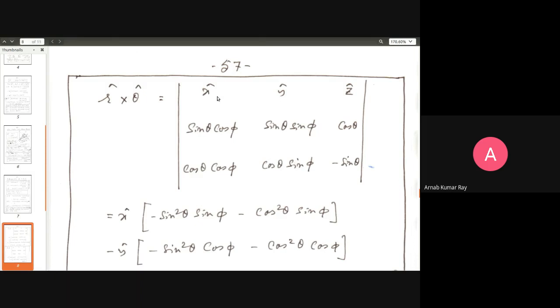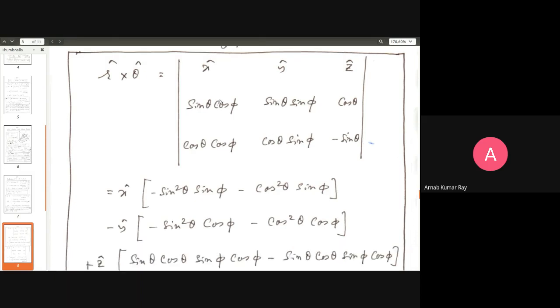Let's take the cross product one by one. This is just a little tedious exercise, but it's not very difficult at all. So you have x cap, then this into this, minus this into this. So minus sine squared theta sine phi, minus cos squared theta sine phi.